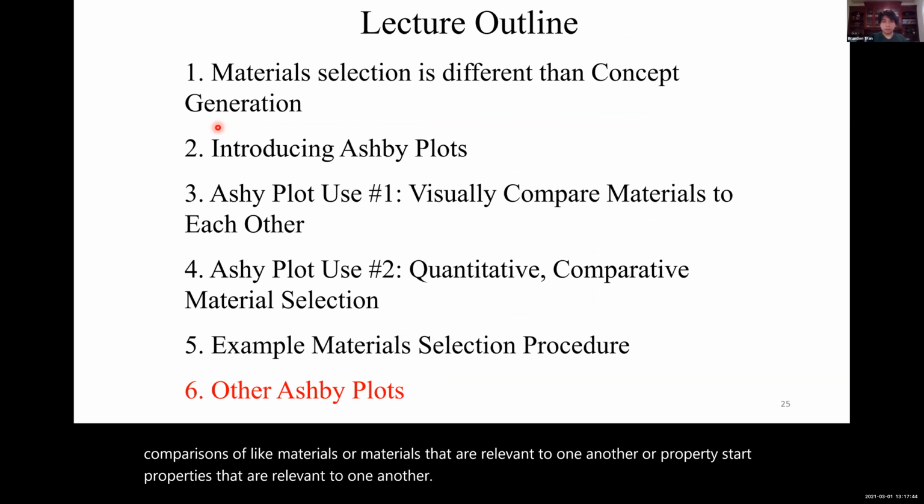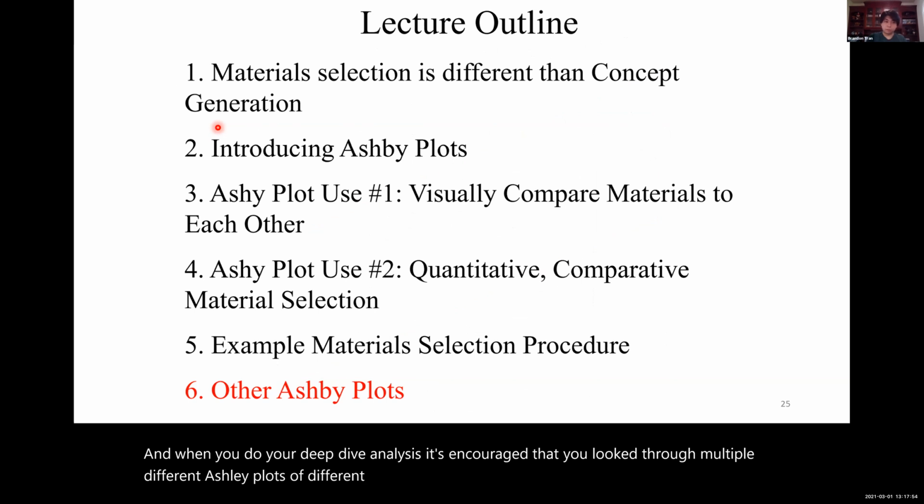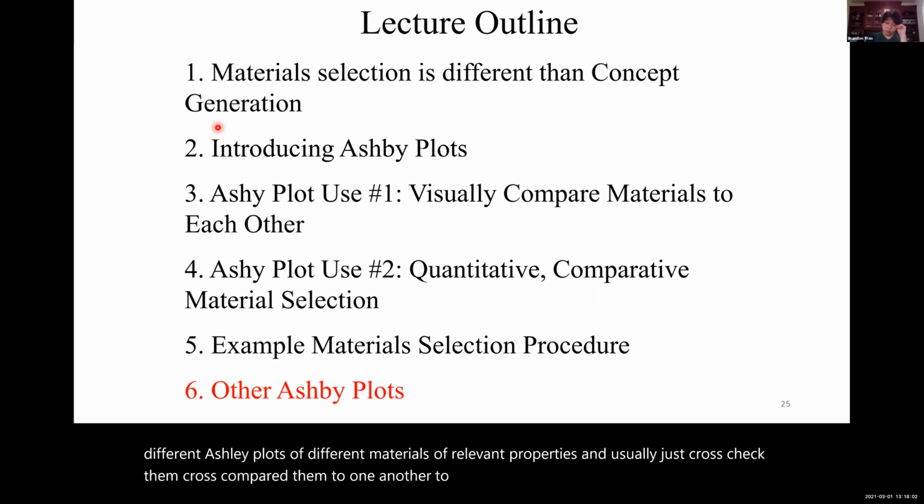And when you do your deep dive analysis, it's encouraged that you look through multiple different Ashby plots of relevant properties, and usually just cross-check them, cross-compare them to one another to see which material overall or which choice overall best matches your system or function.